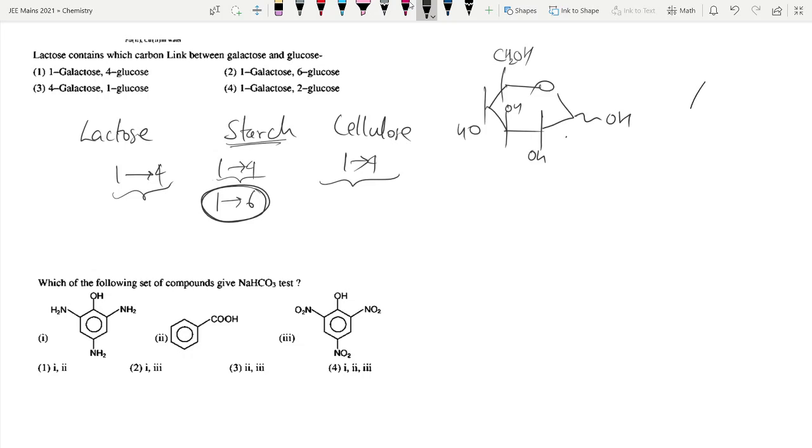So I can write it like this. And for galactose, we know that galactose is a C4 epimer. So 1, 2, 3, 4, I remember these things like this. Galactose is the C4 epimer, so the OH group is up on the 4th carbon, and other things are pretty much the same.